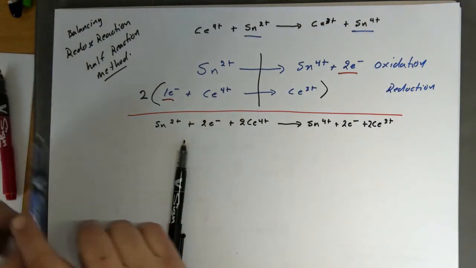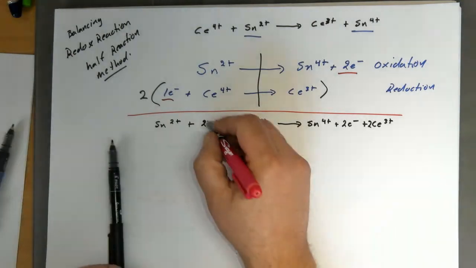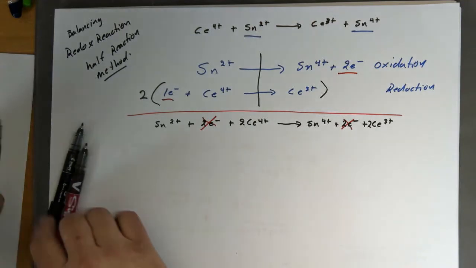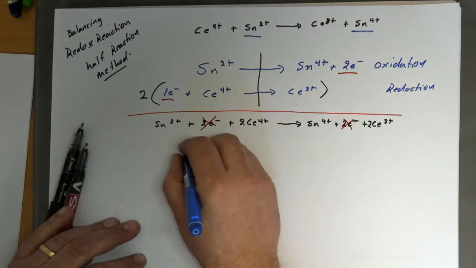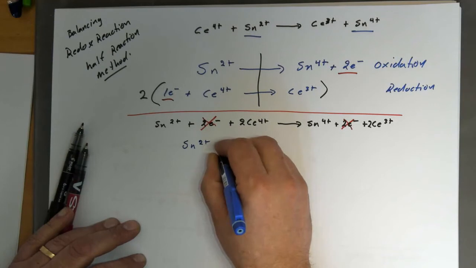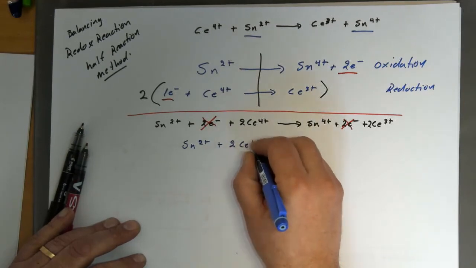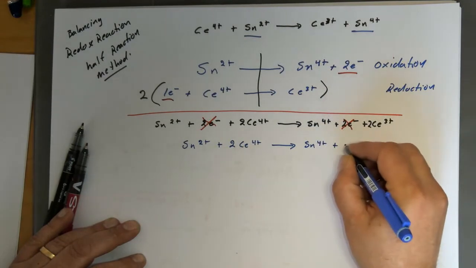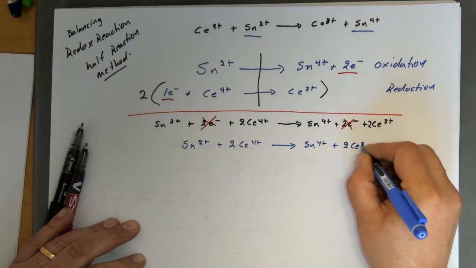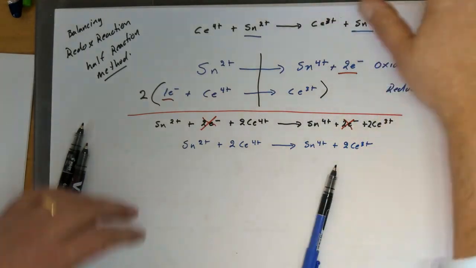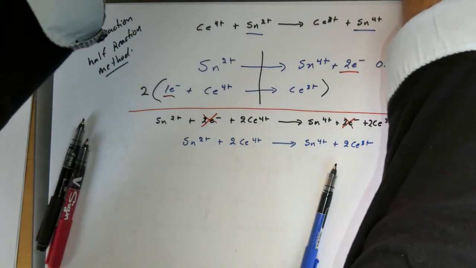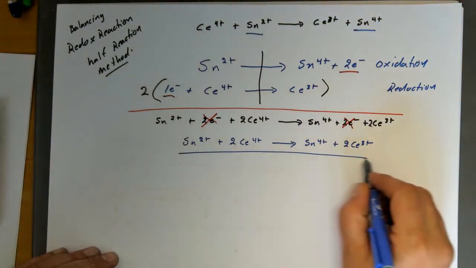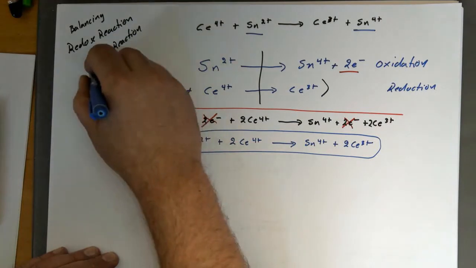When we cancel the electrons, we get the balanced chemical reaction, which is Sn2 plus plus 2 Ce4 plus makes Sn4 plus plus 2 Ce3 plus. And that's our balanced chemical reaction using the half reaction method.